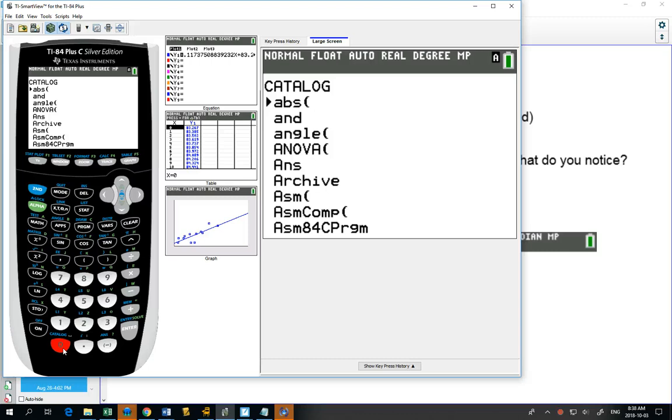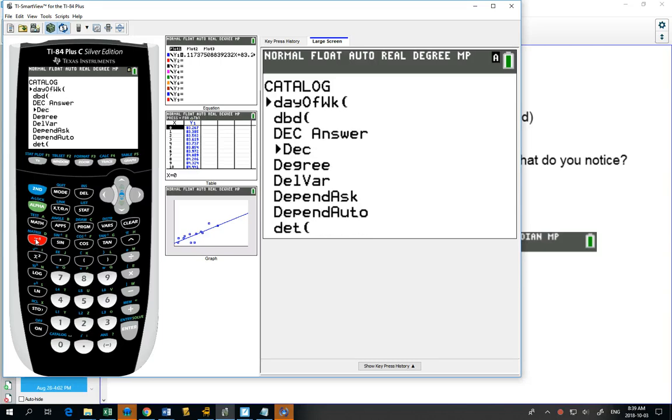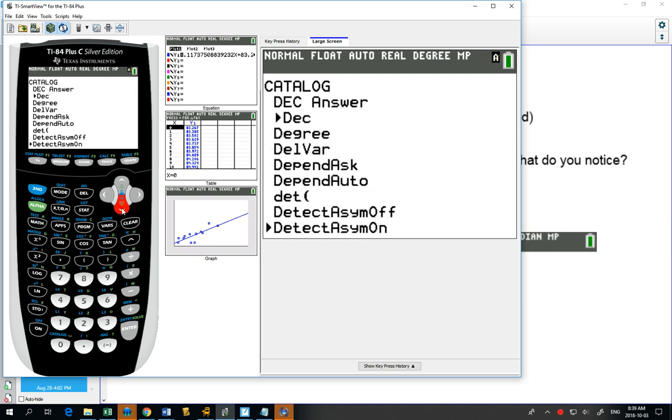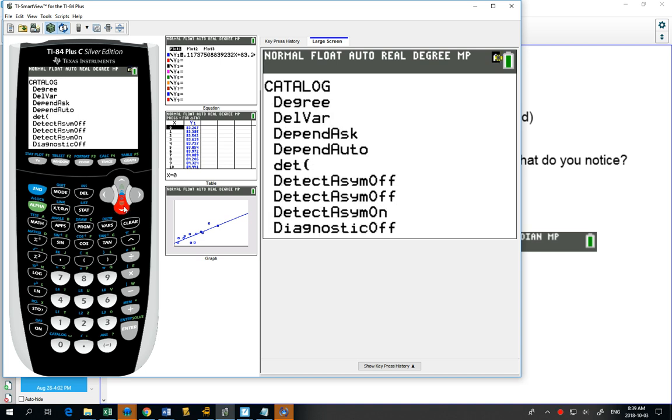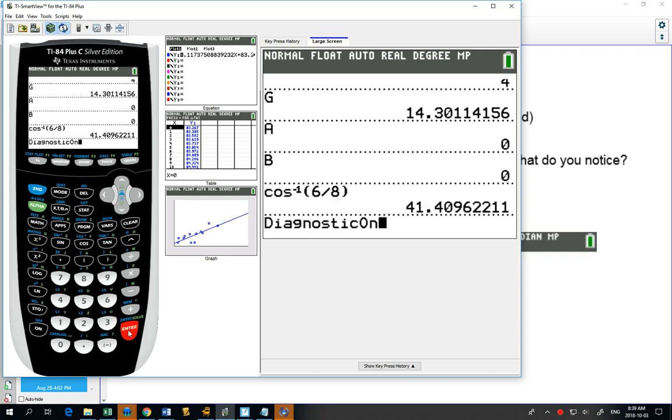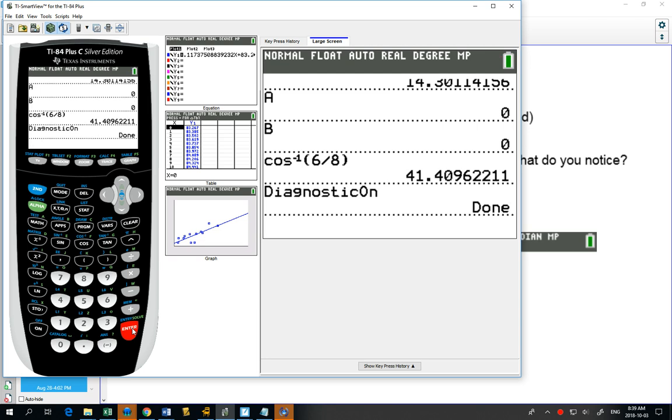You can go quickly to D by just pushing D, and then it goes to those ones, and then you'll have to scroll down until you find diagnostic. Turn diagnostic on, push enter, and just leave it on. Now every time you find a line of best fit, it will give you the correlation coefficient R and R squared.